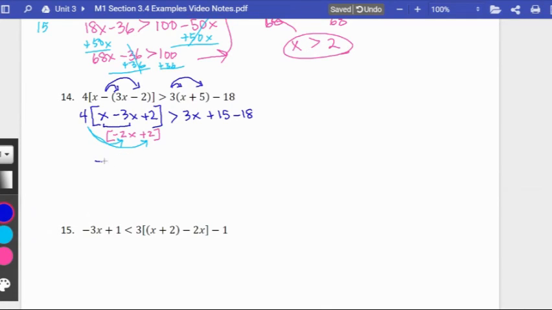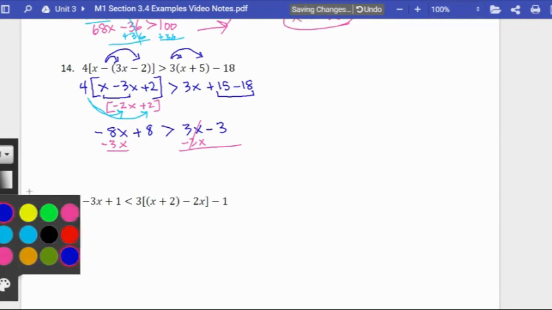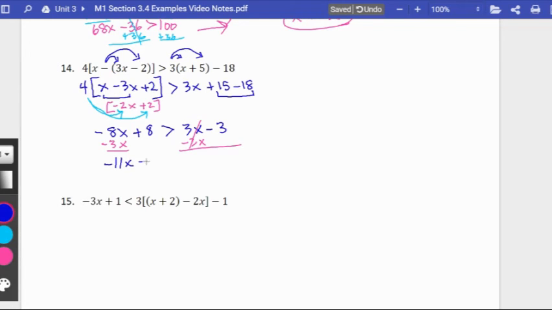I meant to grab this color. 4 times 2 is plus 8. That is greater than, and then let's combine these like terms, 3x minus 3. All right, we'll keep working here. I'm going to subtract 3x from both sides. This gives me minus 11x plus 8 is greater than minus 3.